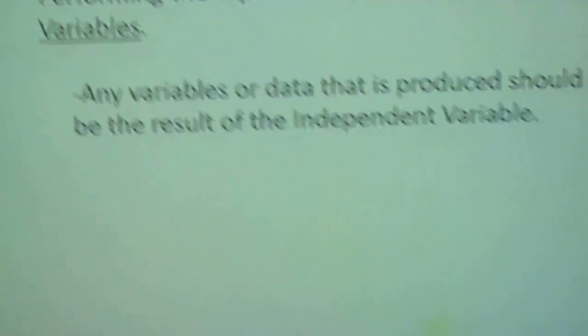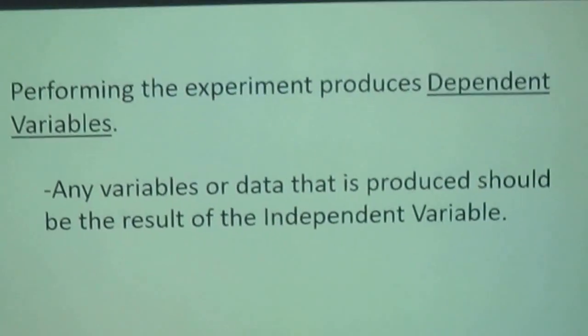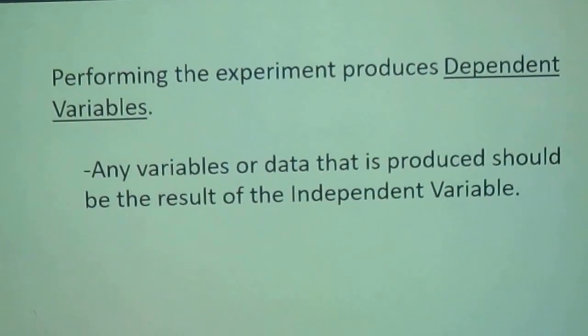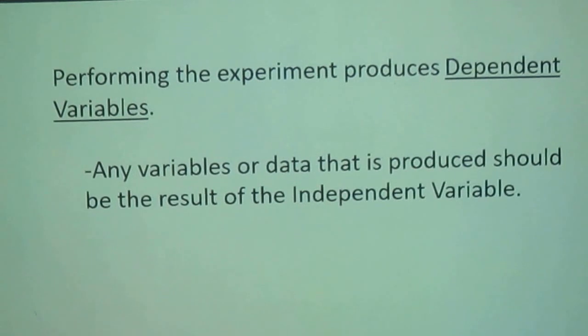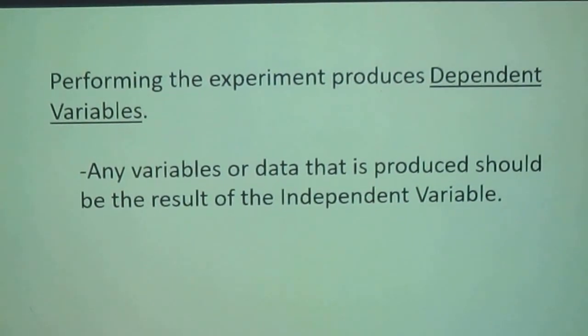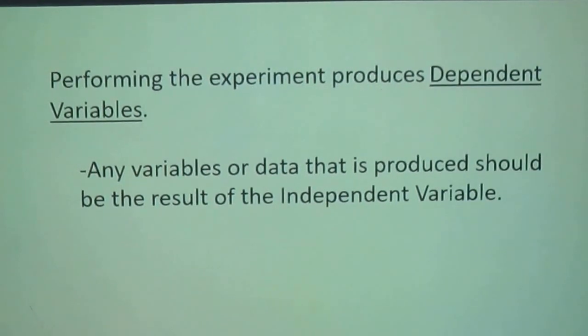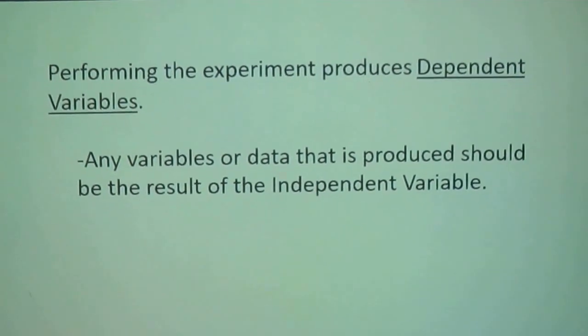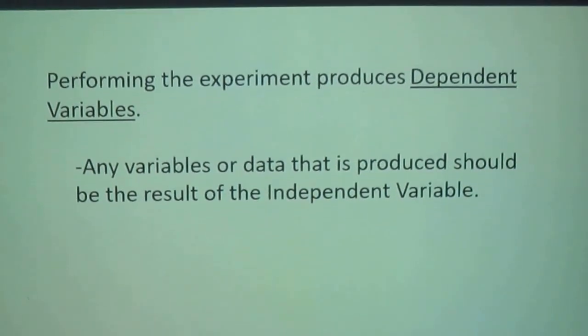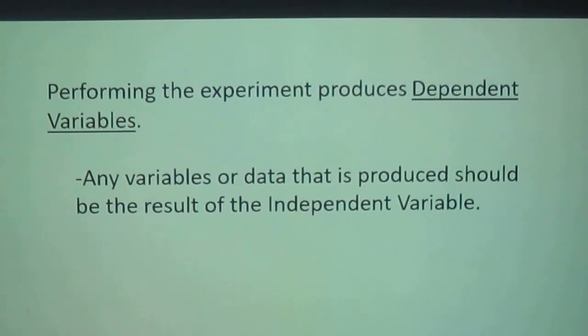Good place to pause, because this is critical. Any questions about why we're doing this, and control group, experimental group, independent, dependent variable? If we've done everything perfectly, anything that happens to these mice should be the result of one thing, the shot.